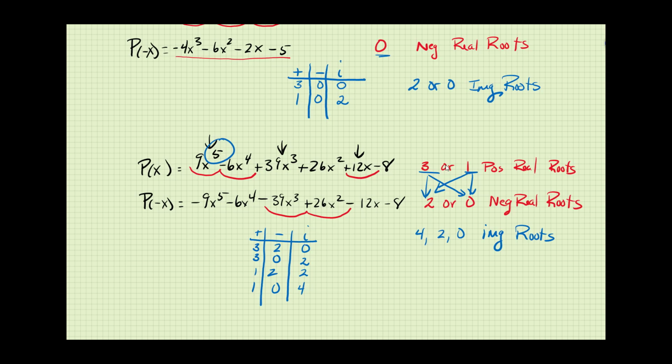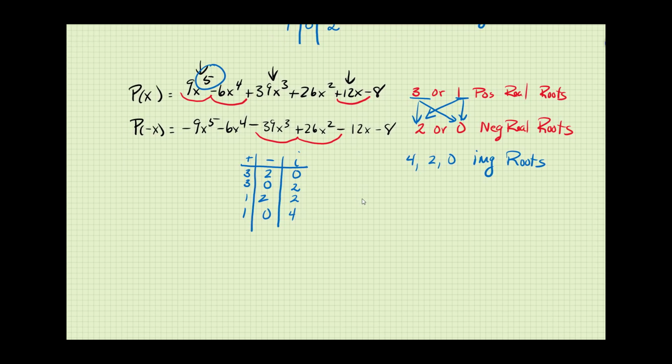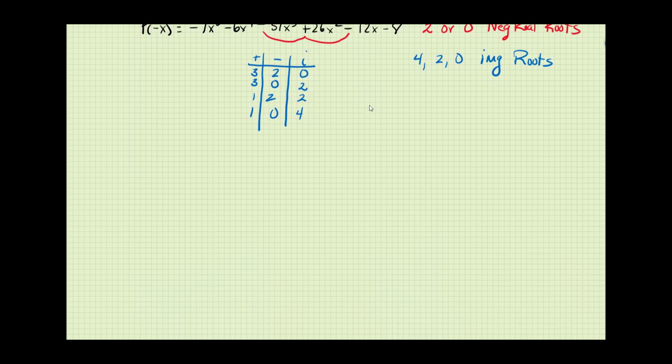Let me do one more, and hopefully you guys can get this. Let's try this one. Let's say P of x is equal to 4x to the 4th minus 6x cubed plus 2x squared minus 8x plus 4.